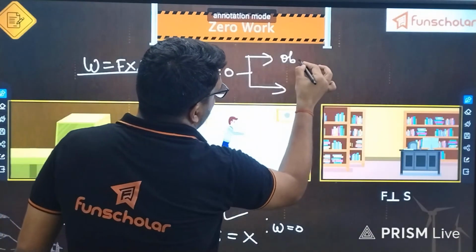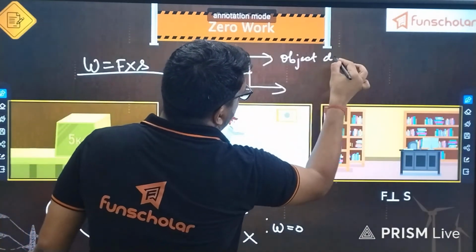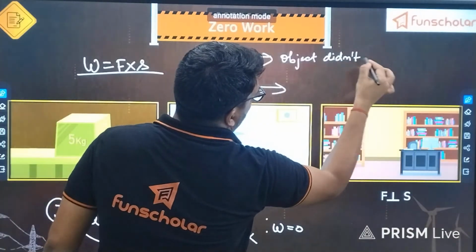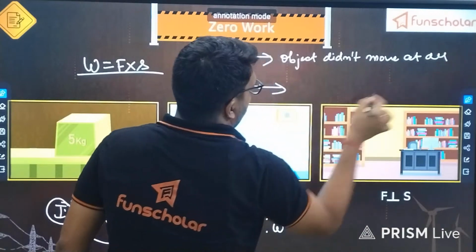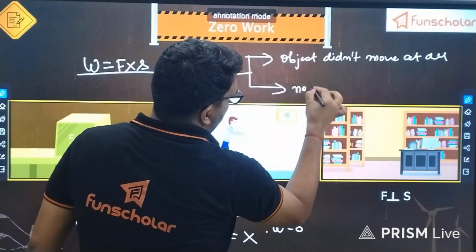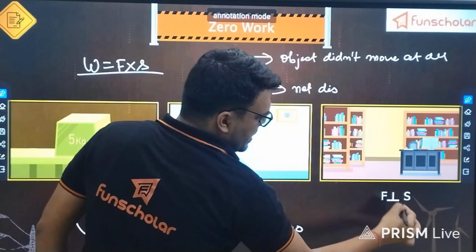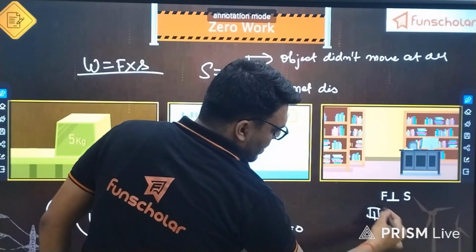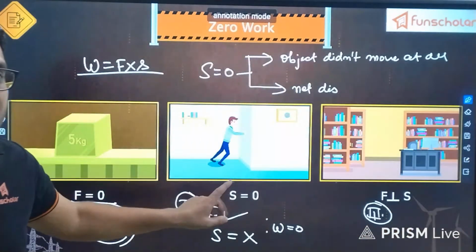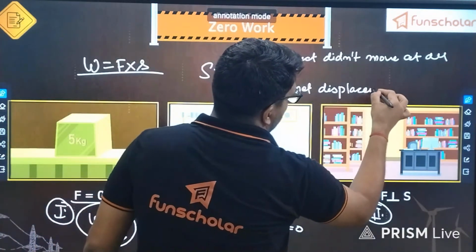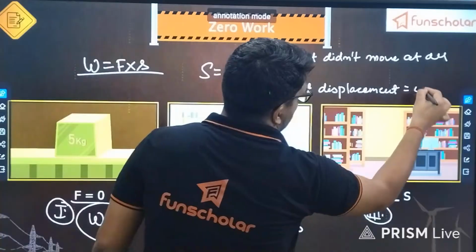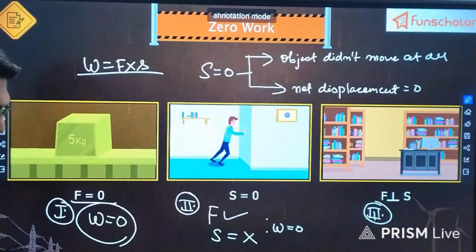The first is the object didn't move at all. And the second case is net displacement is zero. Let's keep this for a while. I am discussing a different scenario where S is 0 but the reason is different. Net displacement is 0. What does it mean?